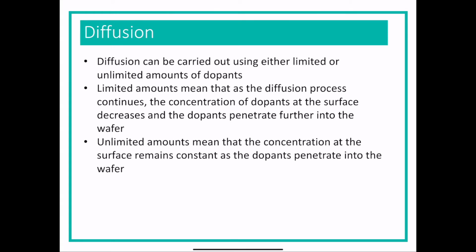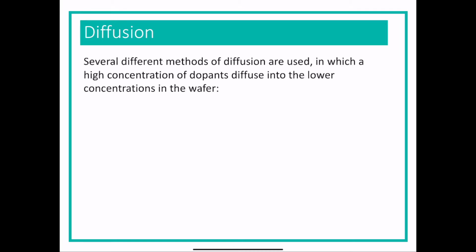Now, there's a couple different ways of exposing the wafer to the dopant, whatever it may be. But there are also different forms they can be in. So we can use, say, a gas source.